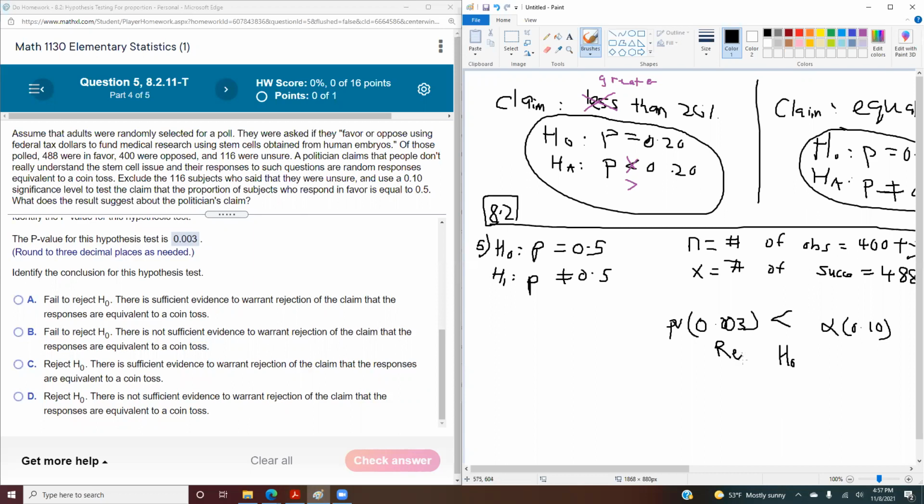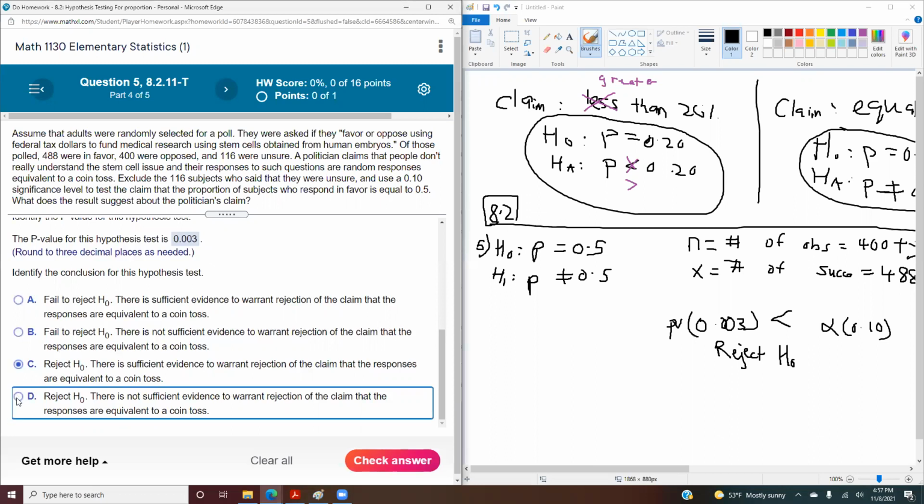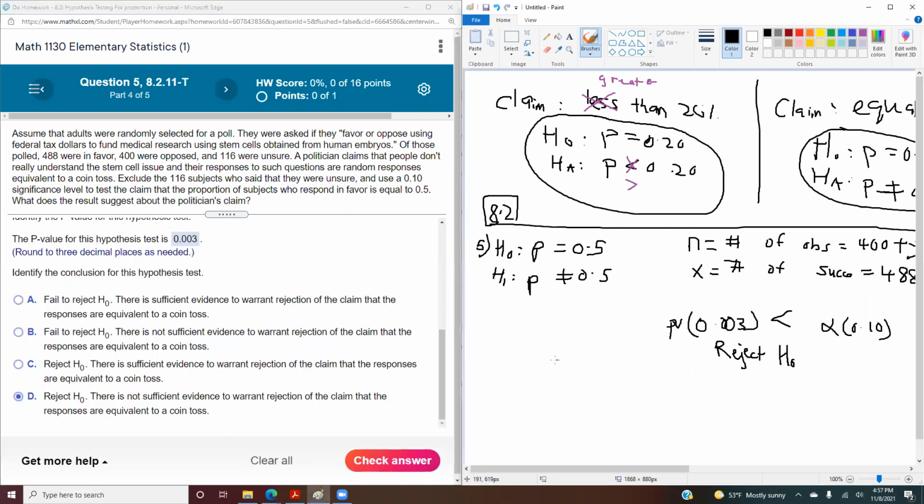We will reject. So your answer is either C or D. Now you do your conclusion here. Does your claim have equality? Yes, it does, because it says that it's equal. And you told me you are rejecting your null hypothesis from the decision.